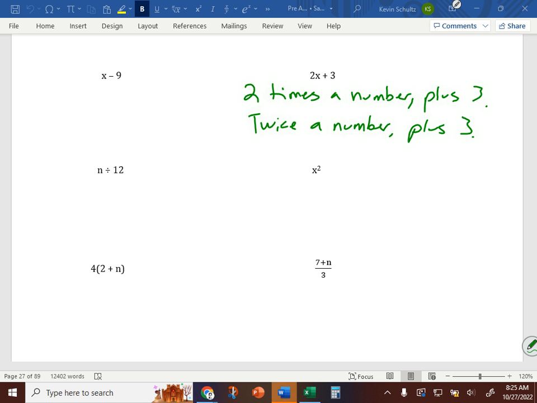Or instead of twice, we can say the product of 2 and a number, plus 3. Right? When you go to the verbal, there's a lot of potential answers because there's a lot of words that mean to multiply. 2 multiplied by a number, plus 3. All of them work. Okay?